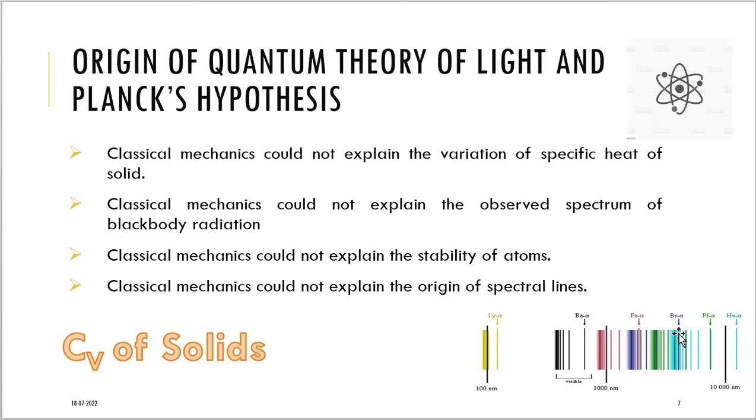It could not explain the stability of atoms, which was explained by Niels Bohr. It could not explain the origin of spectral lines, which was also done by Niels Bohr and other scientists who did the spectroscopic analysis of the hydrogen spectrum and other elements.